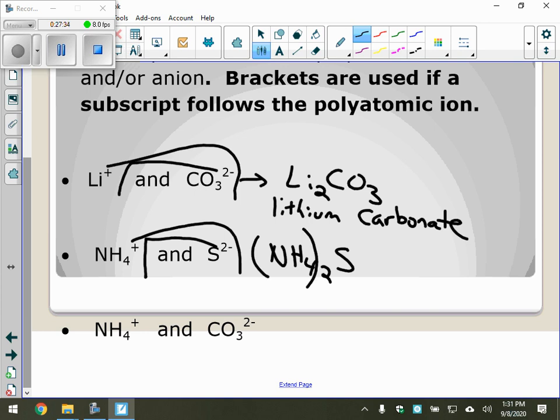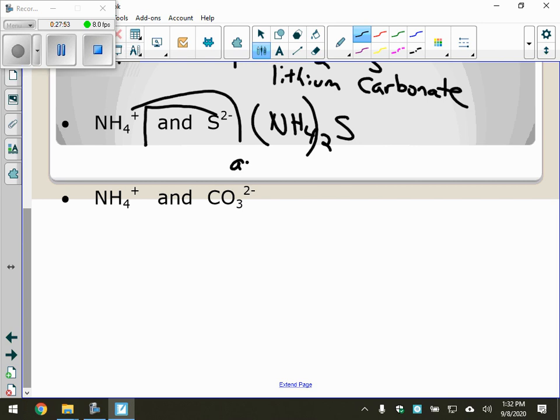Anytime you're going to use a subscript, so 2, 3, 4, with a polyatomic ion, not ones you don't have to worry about ever, but 2, 3, 4 with one of those from the top left there, that list, polyatomic ions, you want to use brackets. The other way to think about this is, by the way, this is called ammonium. It's the very first one in your list, and this is S2 minus, so sulfide, ammonium sulfide.